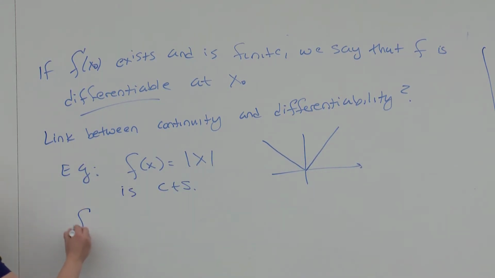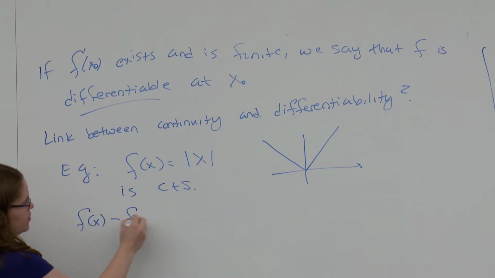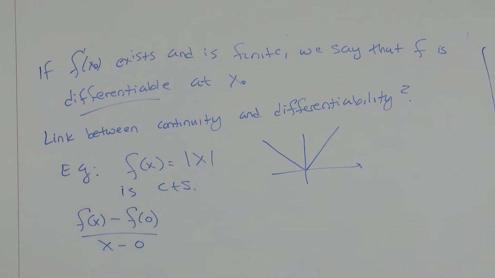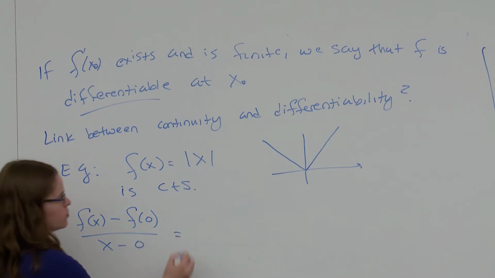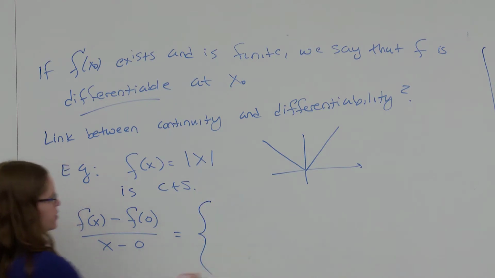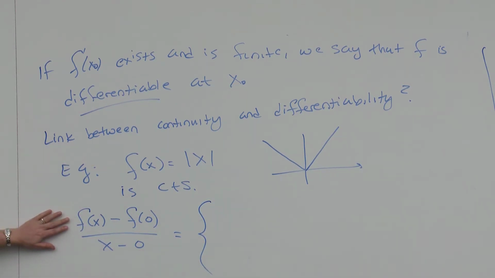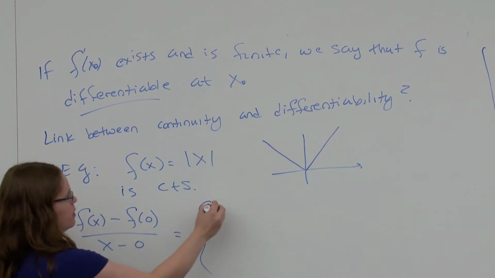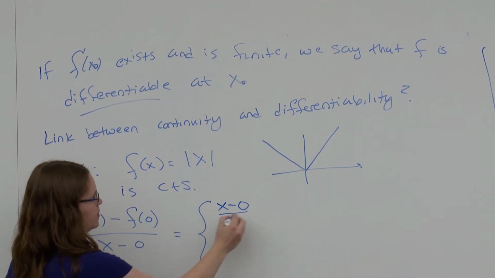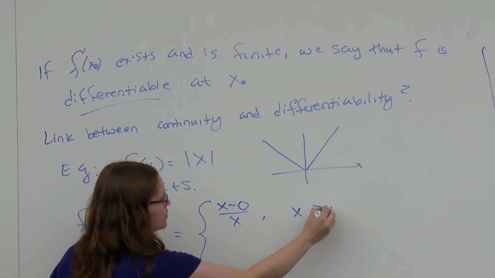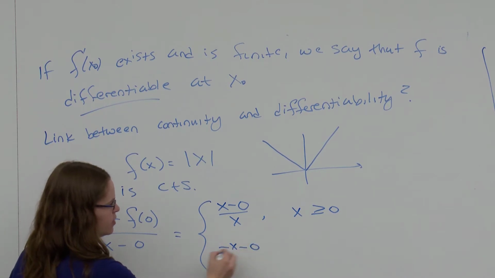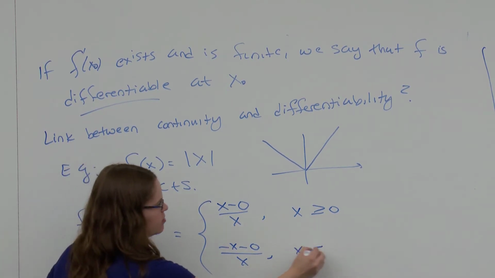Okay, so if I look at f of x minus, say, f of 0, divided by x minus 0, well, there's two things that could happen, right? Either this is equal to x if x is positive, or it's equal to minus x if x is negative. That's how our absolute value function works. So this is either x minus 0 divided by x if x is bigger than or equal to 0, or minus x minus 0 over x if x is negative.